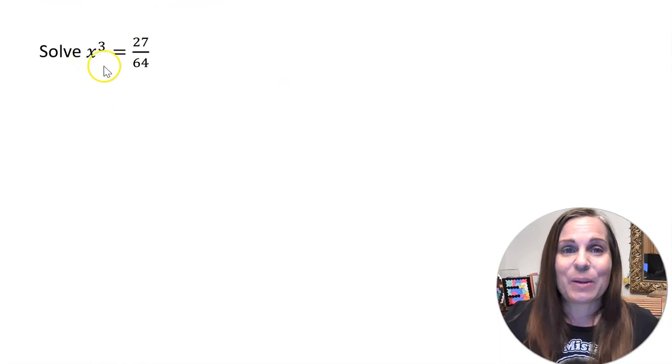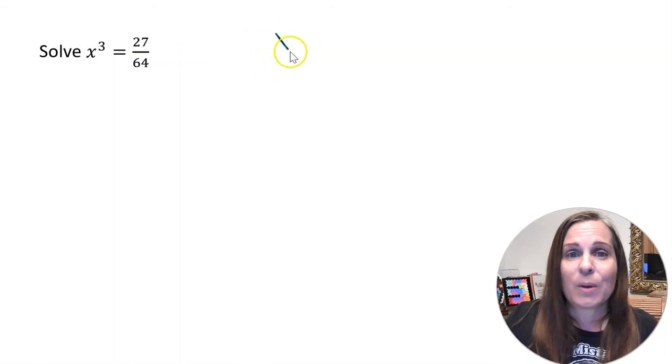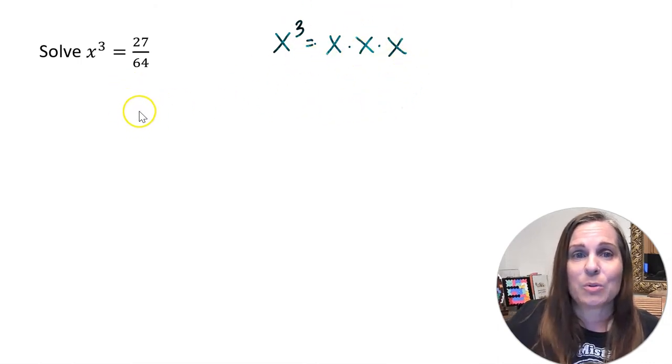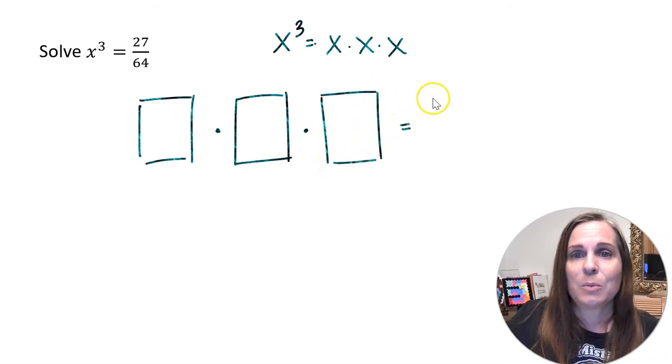Okay, so for this one, we have some number to the third power equals 27 over 64. So x to the third means that we're doing x times x times x, right? So that means that we're doing some fraction times itself that equals 27 over 64.